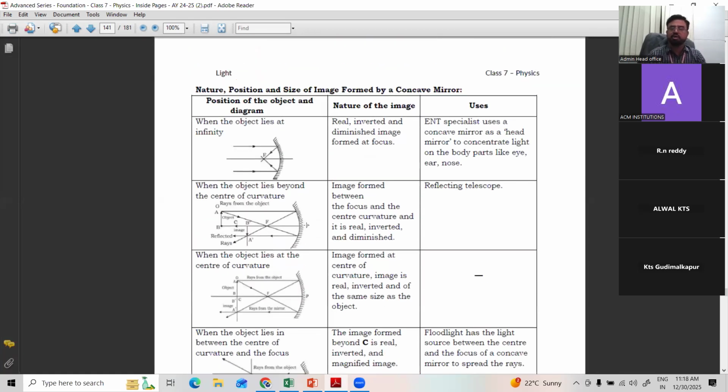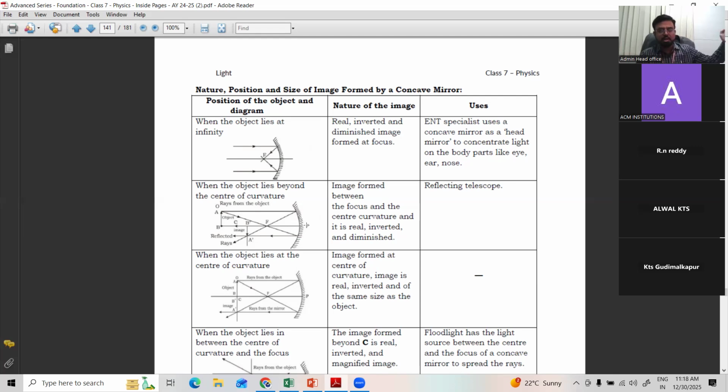Then a very beautiful table explains the nature, position, and size of the image formed by the concave mirror when the object is placed at different positions along the principal axis. When you place it at infinity, then beyond the center of curvature, on the center of curvature, between focus and center of curvature, on focus, between pole and focus.